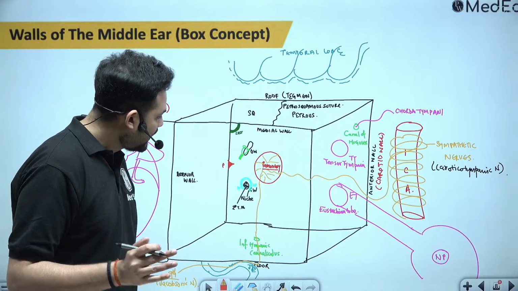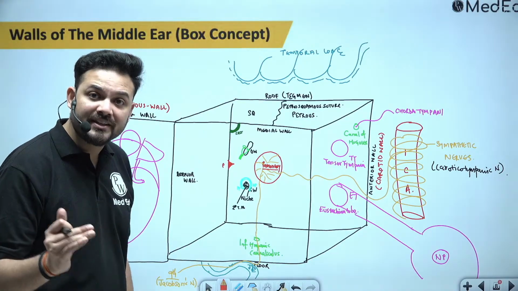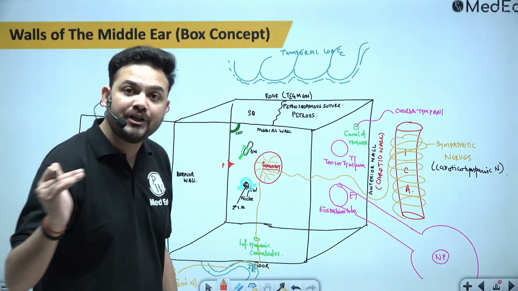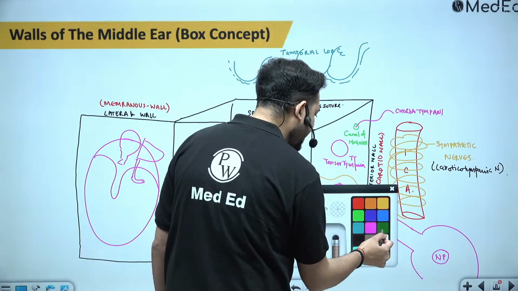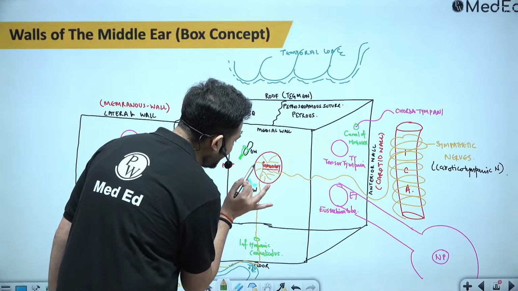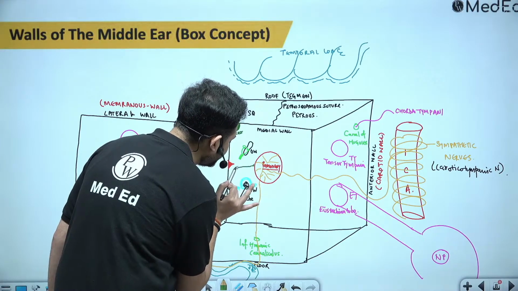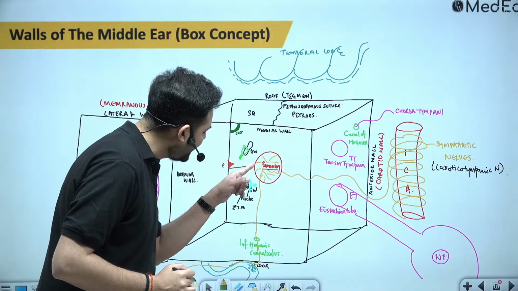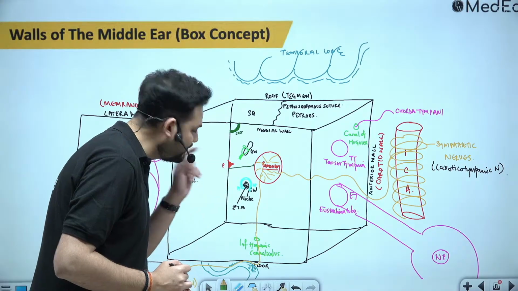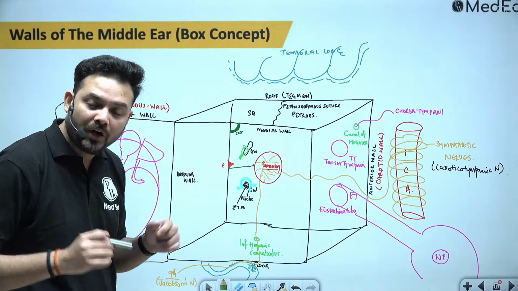Now, one thing which is very important is that there is a projection of bone which begins from the lateral end of the promontory and goes towards the pyramid. What is this bone called?